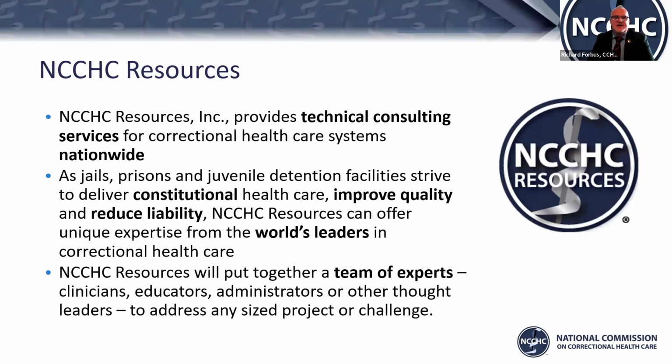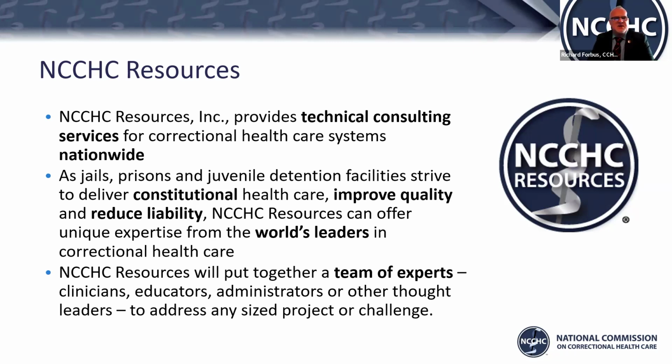That's primarily what NCCHC Resources gets called in for: people looking at system performance assessment, death reviews. They're looking at ways to improve suicide prevention programs, or to improve their services and reduce liability, or potentially they've been experiencing adverse events and they're looking for assistance from a third-party objective organization to come in. We use our team of experts.